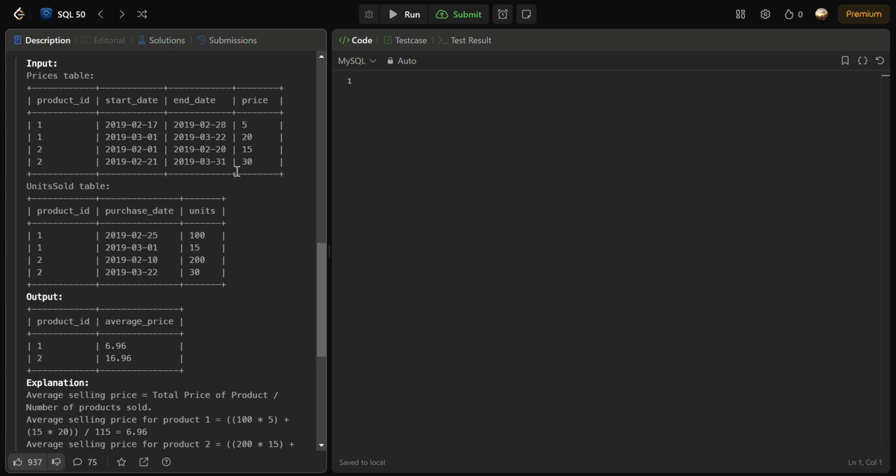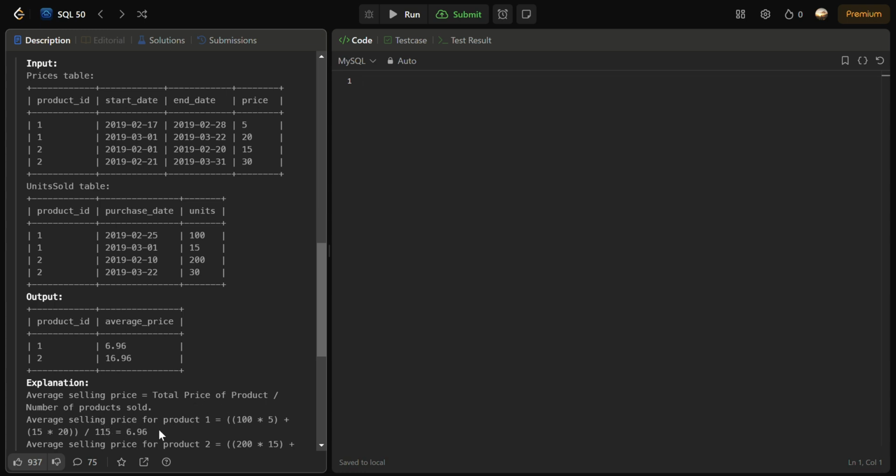So 100 into 5, we'll add it with the March month, 15 into 20. That will be the total price of the product, and we will divide it by the units sold. In Feb and March the units sold is 100 plus 15, that is 115. So we divide this value by 115, and we get 6.96 as the average price.